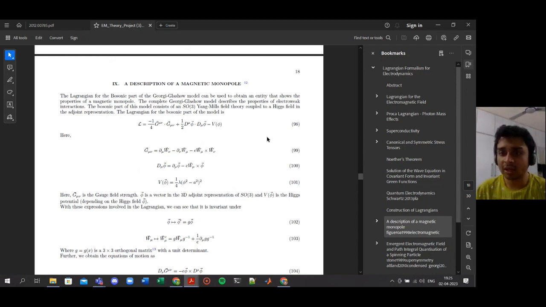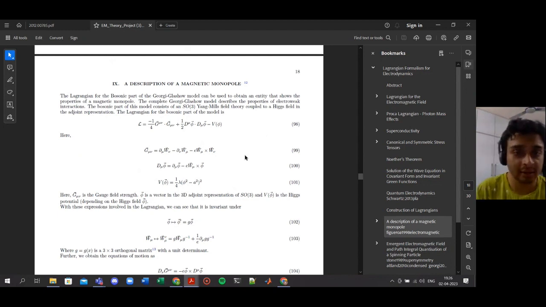So before I actually move on, I'll give the reason for this. That is because the symmetry group of this theory is SO(3), and SO(3) has 3 generators, so the net collection of all of our gauge fields, the field strength tensors and the actual fields themselves will behave like normal 3-vectors.